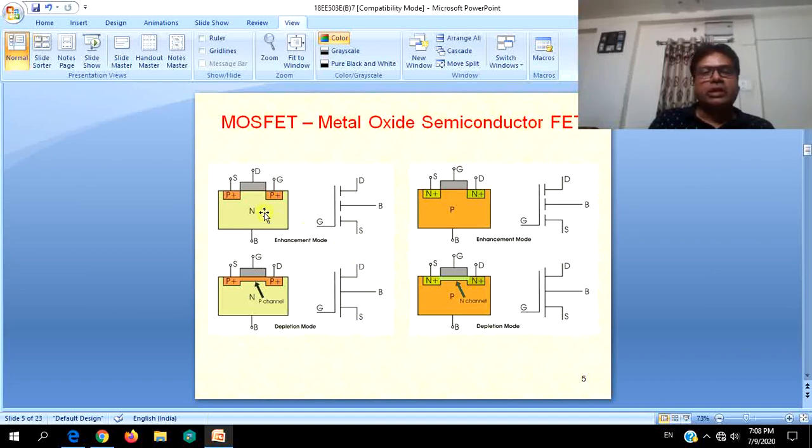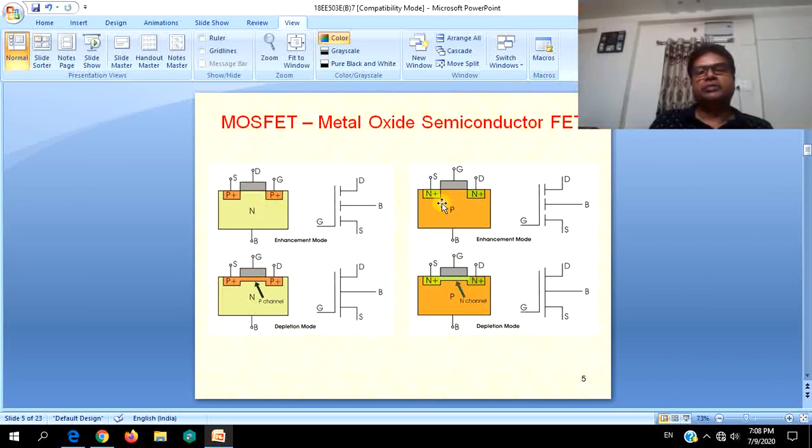When it comes to enhancement mode, you require some extra voltage or more voltage when compared to depletion mode. Enhancement mode MOSFETs are considered as normally open switches, and they will conduct when the threshold voltage is crossed. And when the voltage becomes zero, they will turn off.